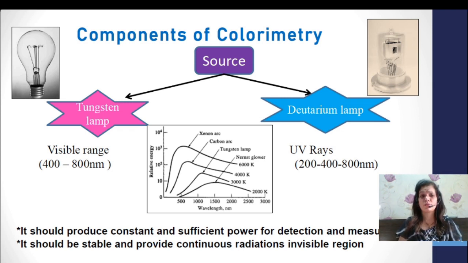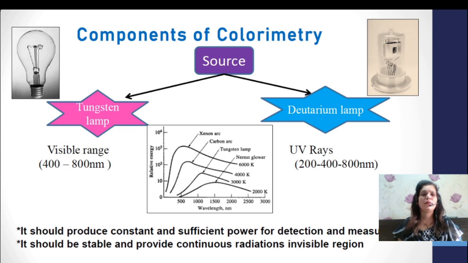Can you tell me any other source apart from the tungsten filament lamp and deuterium lamp? Yes, xenon discharge lamp, hydrogen lamp. Now, in a tungsten filament lamp, you give an input of current, this filament gets heated up and it emits energy. You might have experienced that this bulb gets heated up if used for a long time. That is the disadvantage of this tungsten filament lamp.